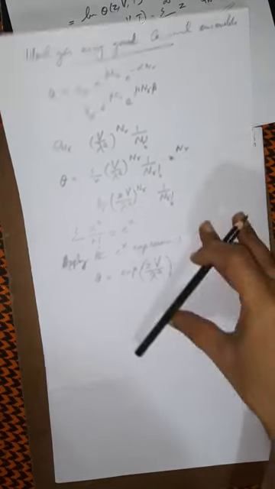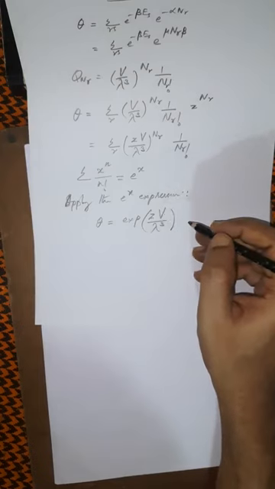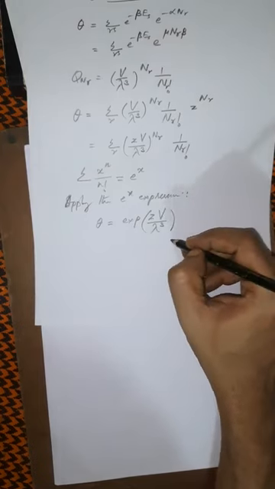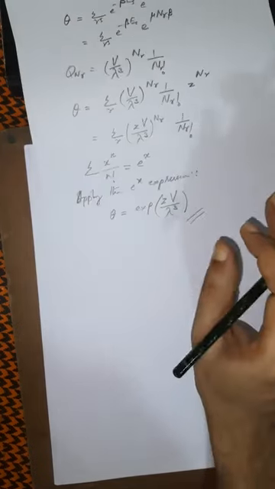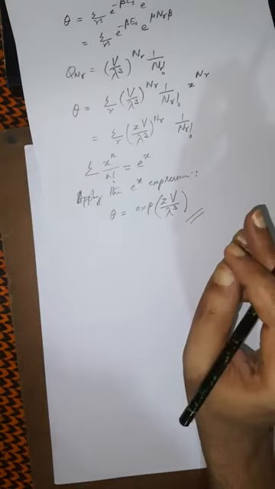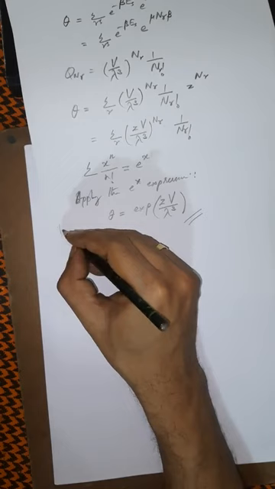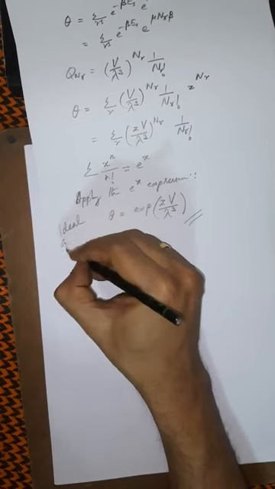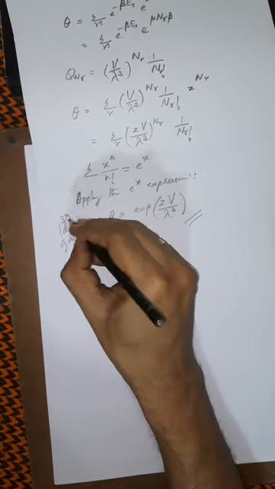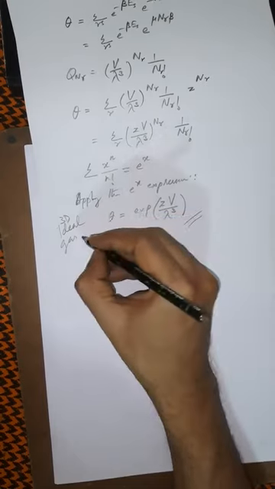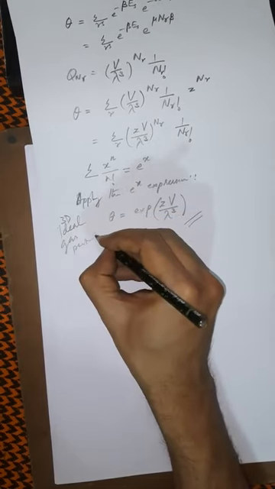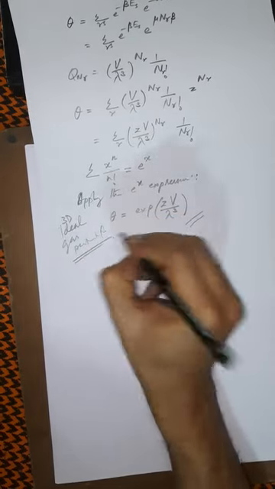So this is the expression: theta is equal to exponential of zV by lambda cube. So basically, we have now calculated the three-dimensional ideal gas grand canonical partition function.